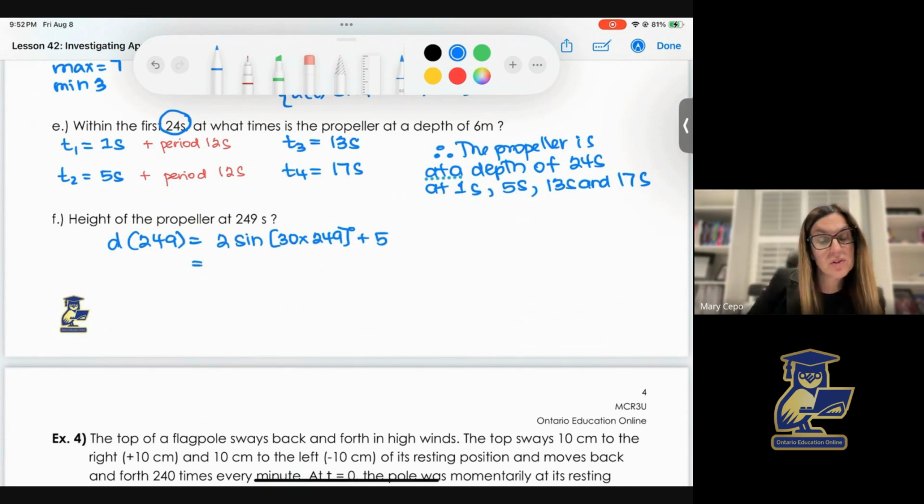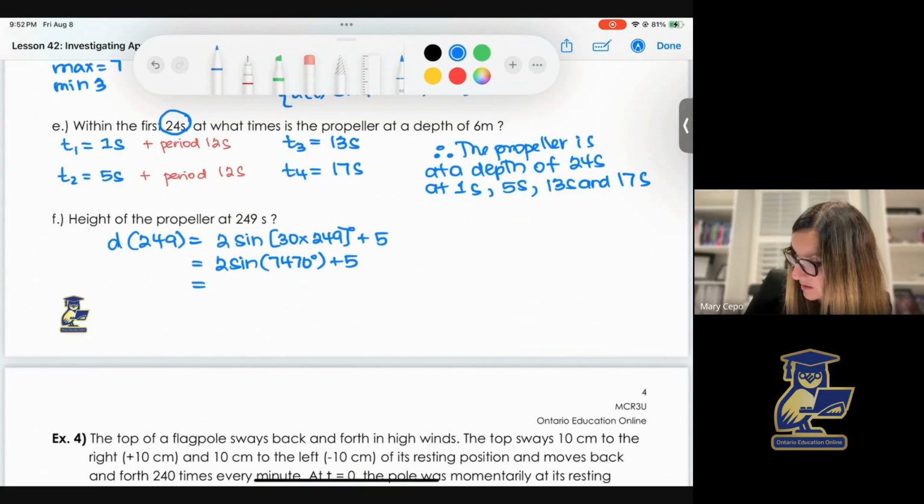Always following BEDMAS, that would be 2 sine of 7,470 degrees plus 5. 2 times sine of 7,470 degrees is -2, plus 5, which is equal to 3 meters.